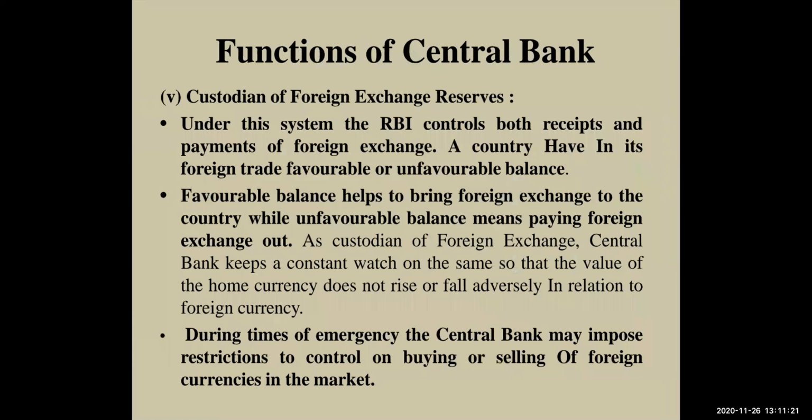Another function of central bank is that it acts as a custodian of foreign exchange reserve. Under this system, it is the RBI that controls both receipt and payment of foreign exchange. A favorable balance helps to bring foreign exchange to the country, while an unfavorable balance means paying foreign exchange out. So as a custodian, central bank keeps a constant watch so that the value of home currency does not rise or fall adversely in relation to foreign currency.